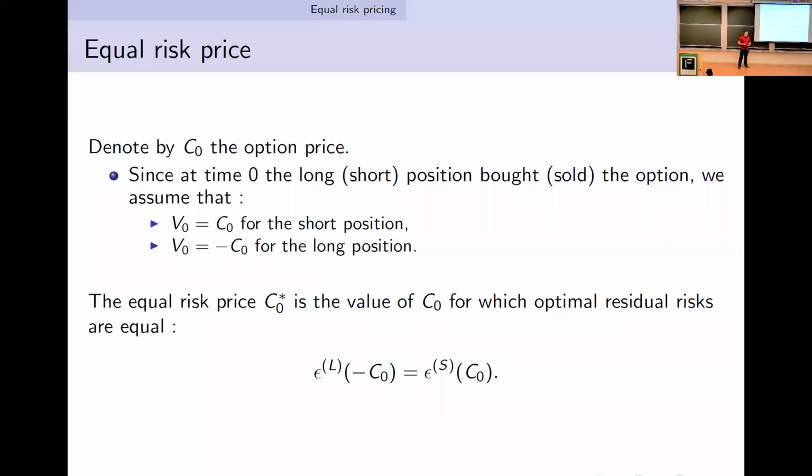So the equal risk price in that context is set as the value C0 star, which equates the terminal hedging risk for the long position and the short position. This is the theoretical definition of an equal risk option price.